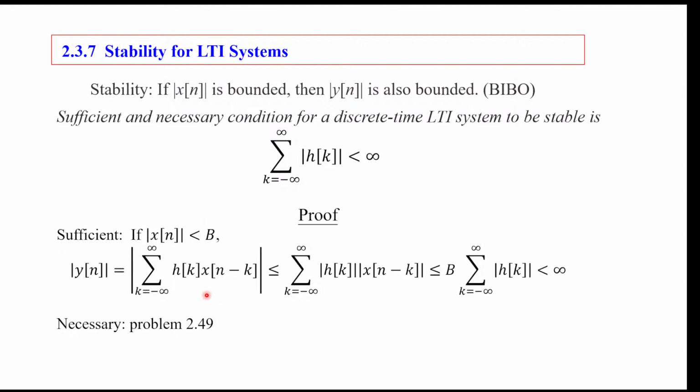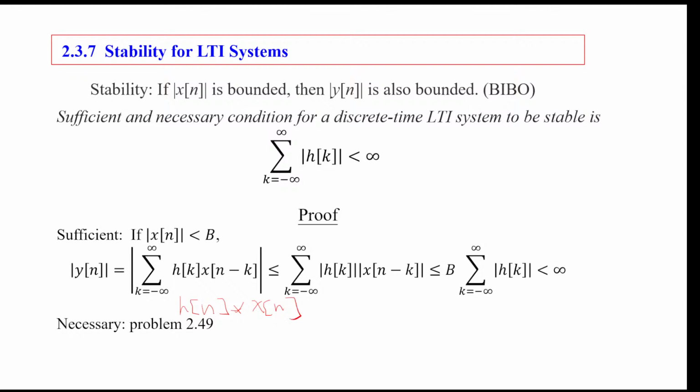Here we already use a property of convolution. Remember, when we write down convolution, we have x of k, h of n minus k. But here we use the commutative property of convolution. If you want to be pedantic, this is h of n convolved with x of n.